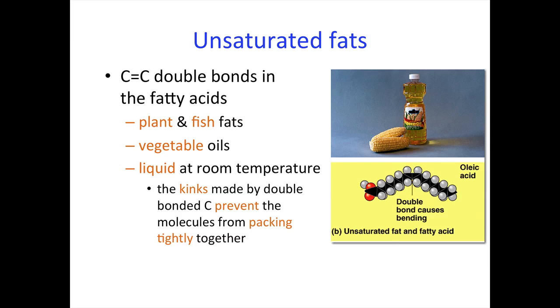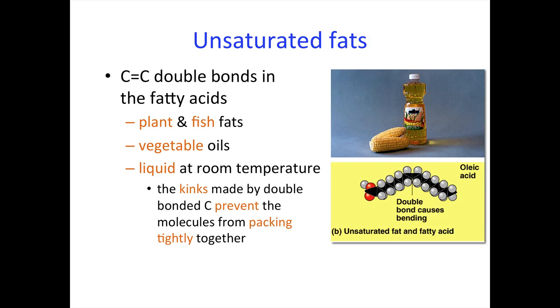And as we saw in the slide before, when you have the presence of double bonds, they will be in a liquid state at room temperature. The reason for that is this. Unsaturated fats have double bonds present, and to be more specific, they have cis double bonds.